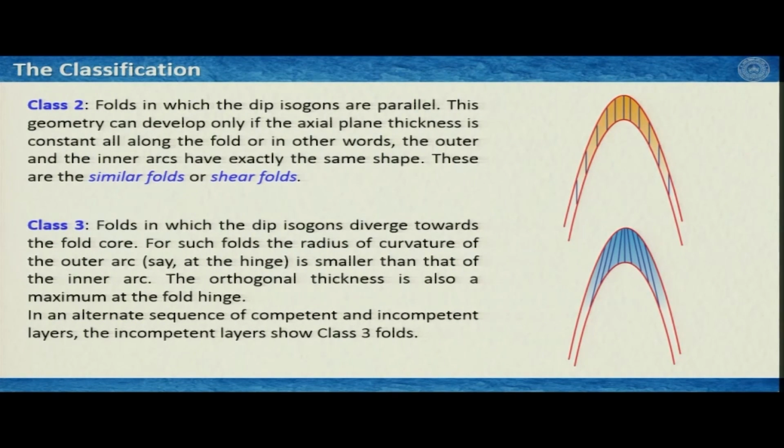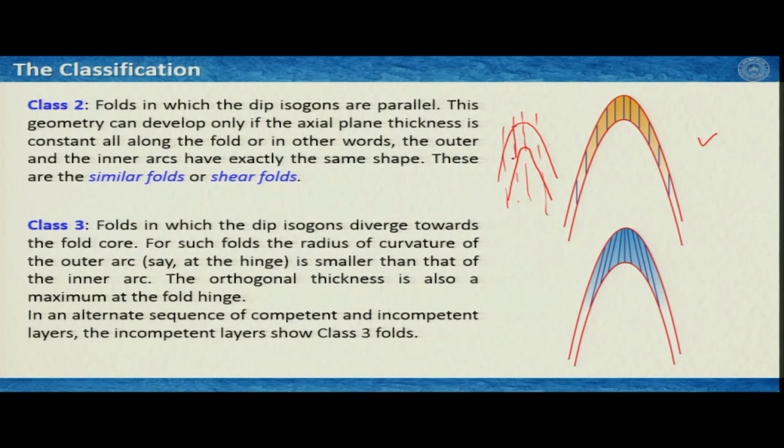Now, class 2 folds are folds in which the dip isogons are parallel, as we see here. In this case the geometry can develop only if the axial planar thickness is constant all along the fold, or in other words the outer and the inner arcs have exactly similar shape. Therefore, it is also known as similar folds or shear folds. What we see in this illustration is that if I have a fold like this and then a similar curve like that, then this is the trace of the axial planar cleavage.